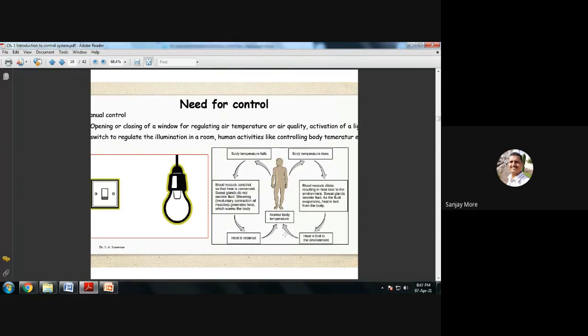Then room temperature rises. Body vessels dilate resulting in heat loss to the environment. Sweat glands secrete fluid. As the fluid evaporates, heat is lost from the body. Then heat is lost to the environment, means your body temperature falls.